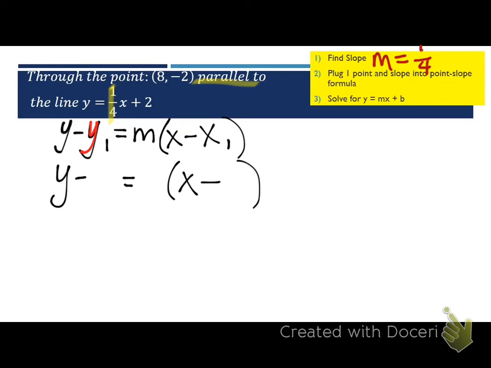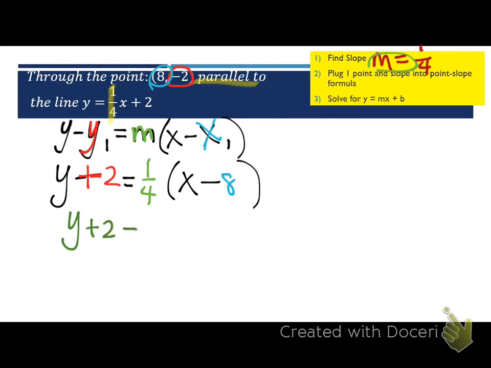What's the y they gave me? -2. I plug in that -2. There's already a negative there, so that makes a positive. We said our slope would be parallel, so our slope is 1/4. And then last would be our x, which is 8.